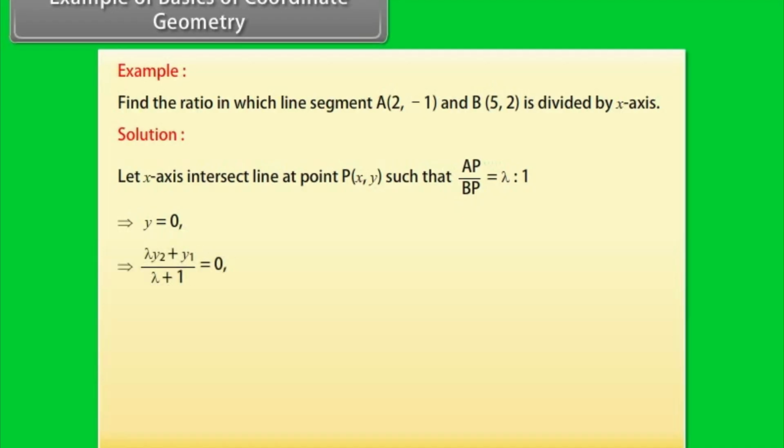It implies (lambda y2 plus y1) divided by (lambda plus 1) is equal to 0. It implies (2 lambda minus 1) by (lambda plus 1) is equal to 0. It implies lambda is equal to 1 by 2. It implies AP by BP is equal to 1 by 2 is to 1.